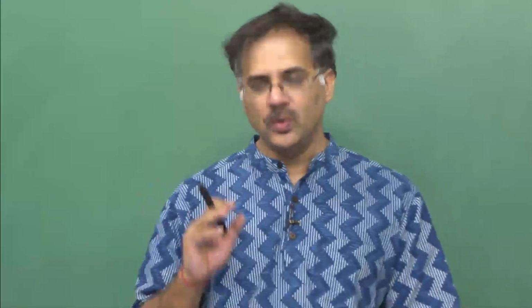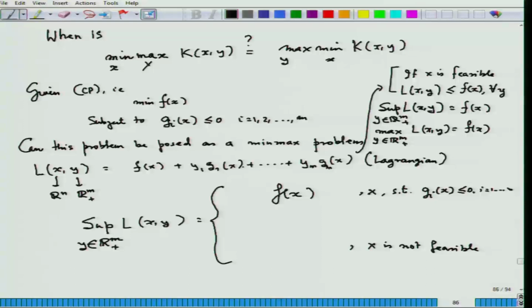Assume that for this particular x, g_1(x) is strictly bigger than 0. What I will do is put the y's equal to 0 for all the rest and keep on increasing the value of y_1, and it will blow up, which means what I have is the following.